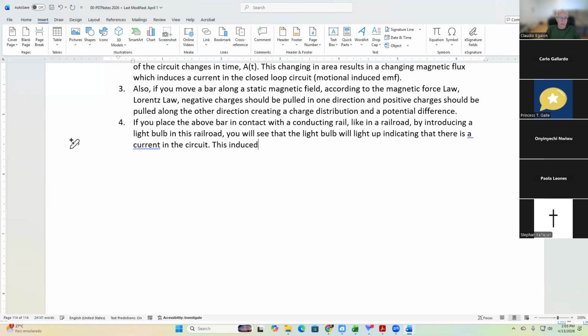This induced current results from an increase in the area of the circuit, which results in an increase of the magnetic flux.